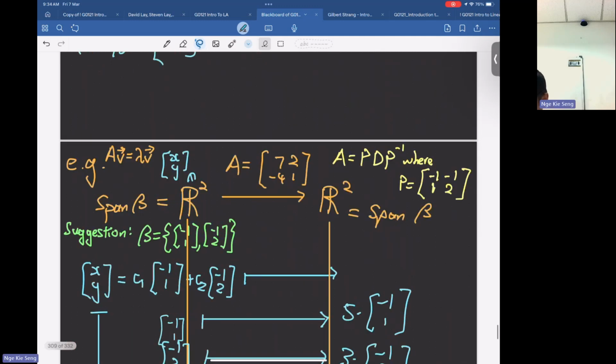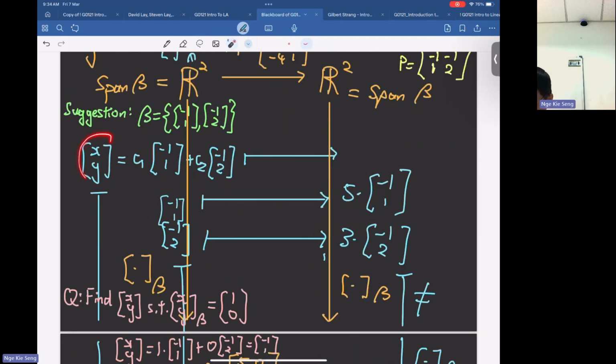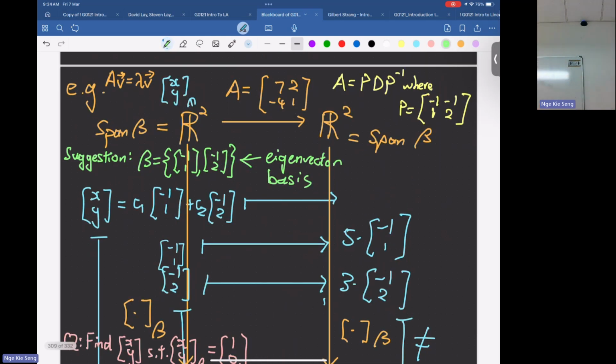Okay, so what happens is we get an xy here, and we write it in terms of the eigenvector basis. For every element in xy, we write it in terms of the eigenvector basis, and then we send it to the standard basis, and then we do D. After we do D, we send it back again.